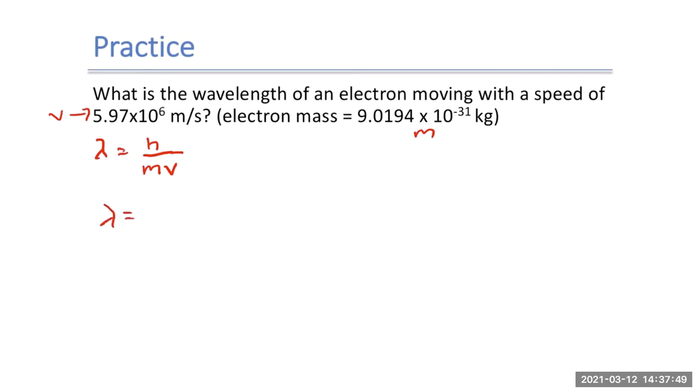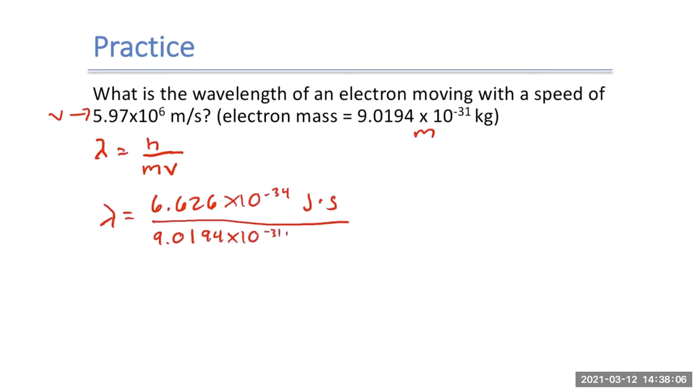So I have my lambda equals 6.626 times 10 to the negative 34th joules times seconds, divided by that mass of 9.0194 times 10 to the negative 31st kilograms, times its velocity, 5.97 times 10 to the 6 meters over seconds.